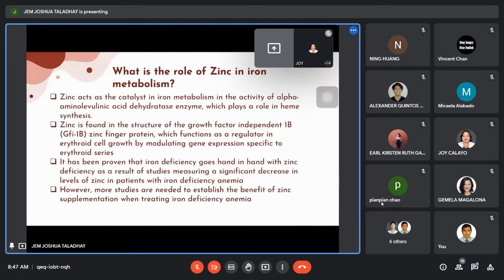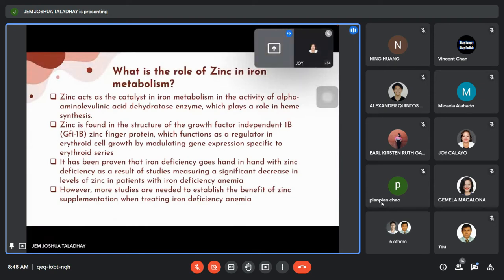So zinc actually acts as a catalyst in iron metabolism in the activity of the alpha aminolevulinic acid dehydratase enzyme, which plays a role in heme synthesis. It is also found in the structure of the growth factor independent 1B zinc finger protein, which functions as a regulator in erythroid cell growth by modulating gene expression specific to erythroid series.